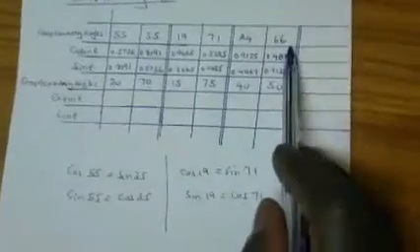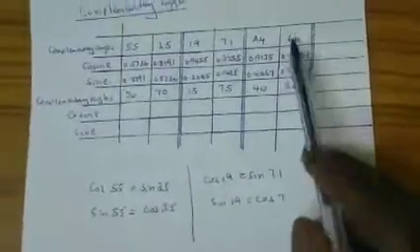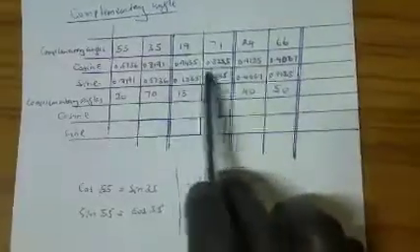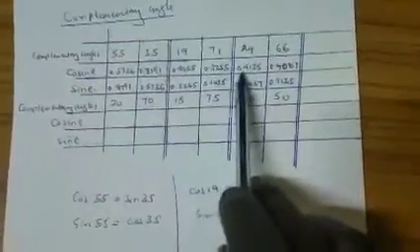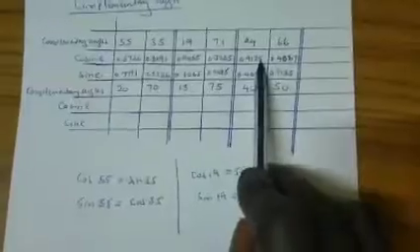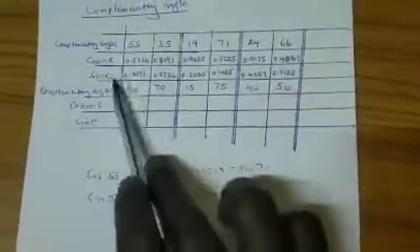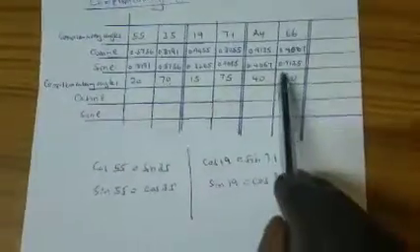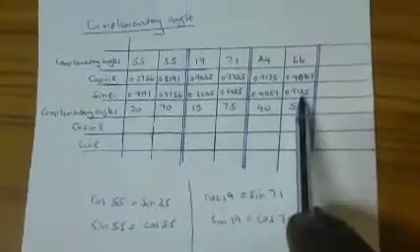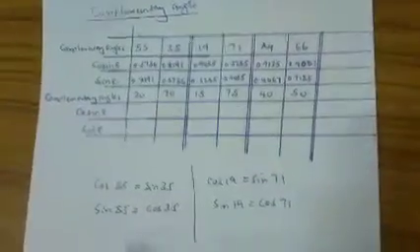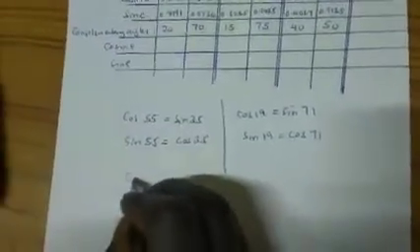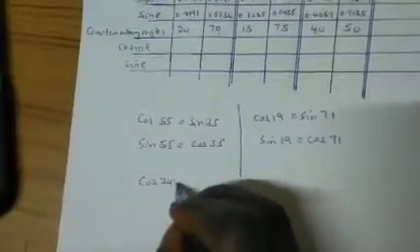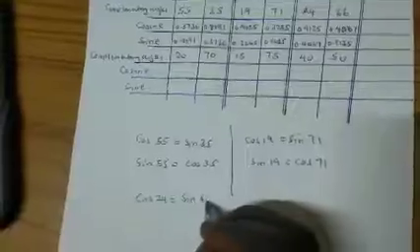When we come to the third set of angles, we have 24 and 66. When we get the cosine of 24, we get 0.9135. And we get the sine of 66 is 0.9135. Therefore, we also realize again that cos of 24 is equal to sine of 66.